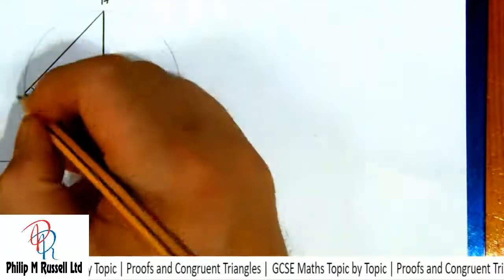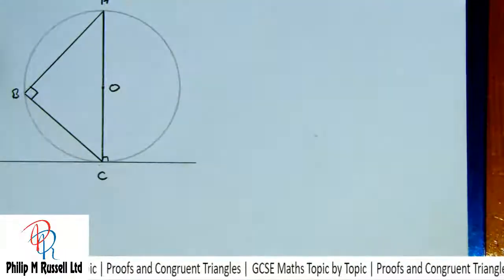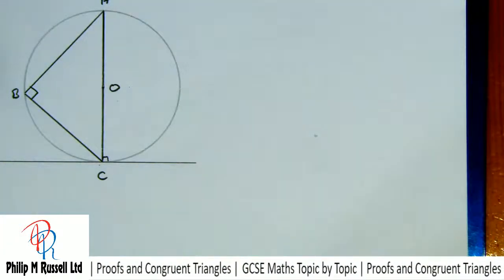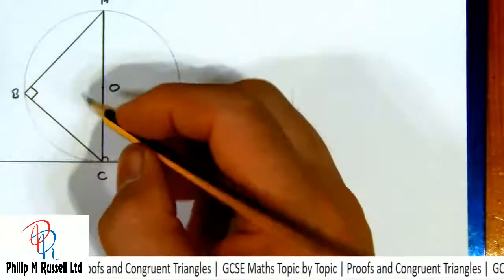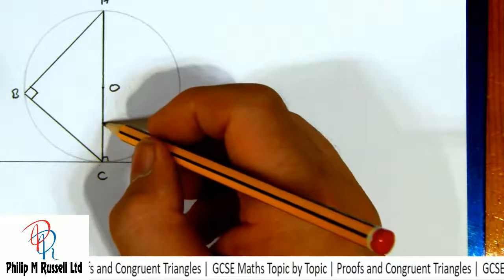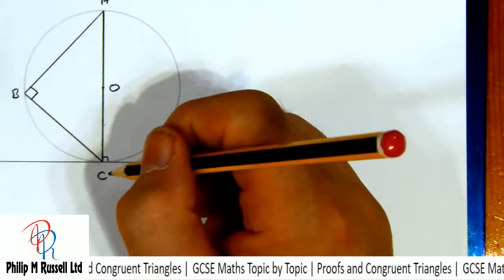Let's label some things: A, B, C, and we'll have O. So we know that this angle and this angle are the same.